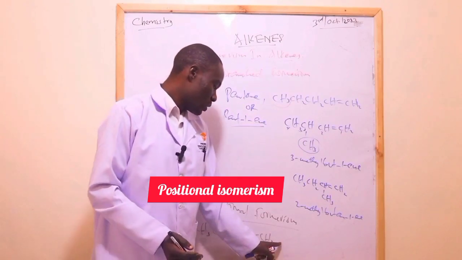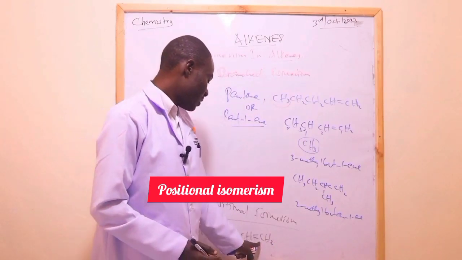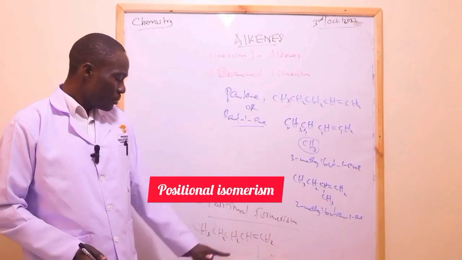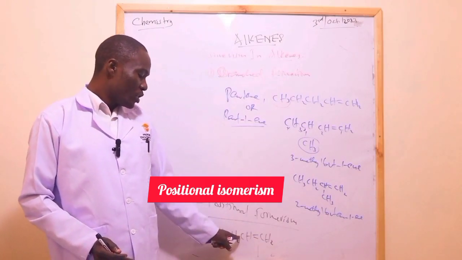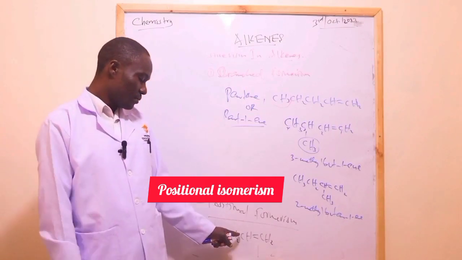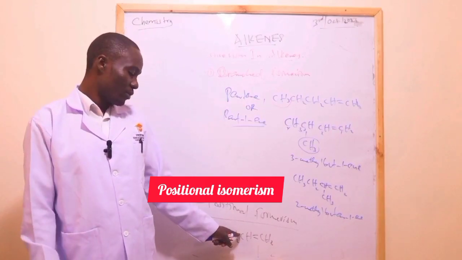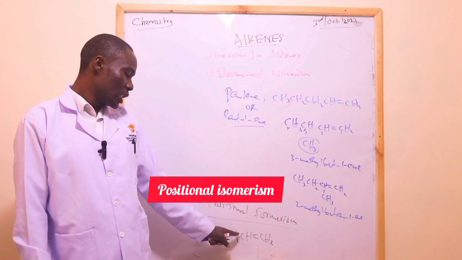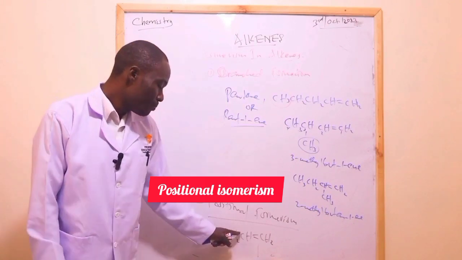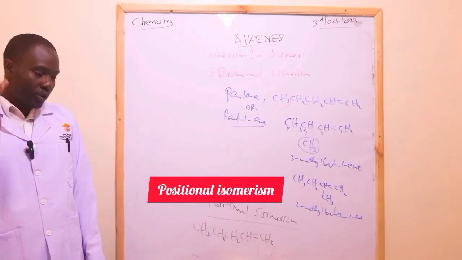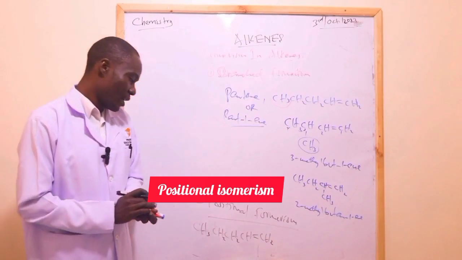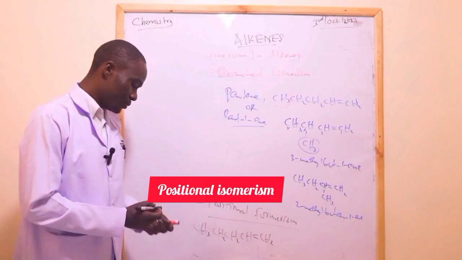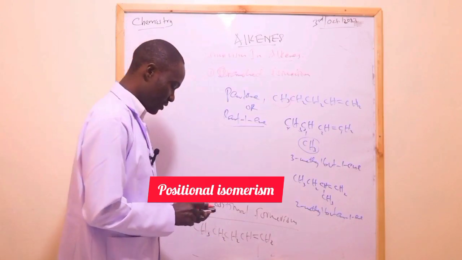So you know that it is attached on carbon number 1. We find that should we move this position of the double bond to between carbon number 2 and carbon number 3, a new substance will be formed. That will be but-2-ene. You know, but-2-ene and but-1-ene are different. So they are different isomers. So that we shall be having this.